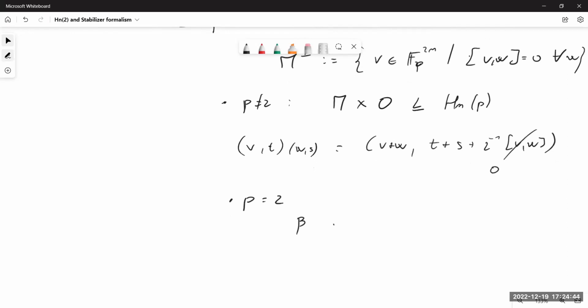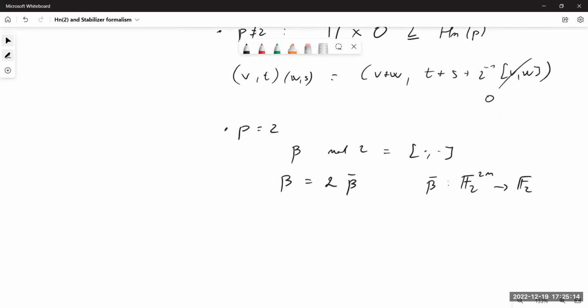Because when you take beta mod 2, this is the symplectic form, right? And so that means that in this case, we can just write beta as 2 times another function beta bar, which is defined on F_2.